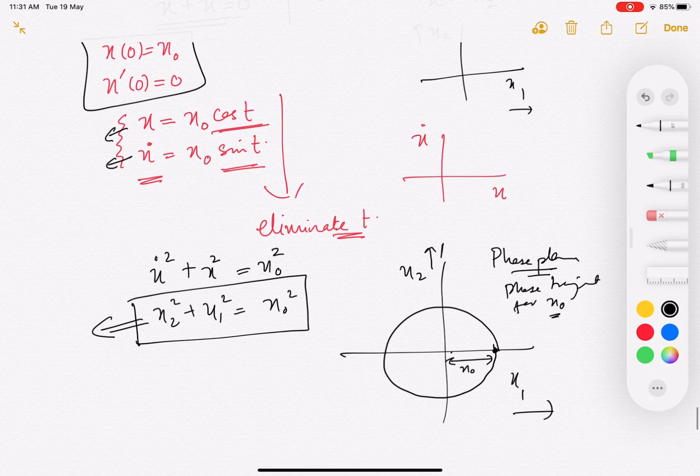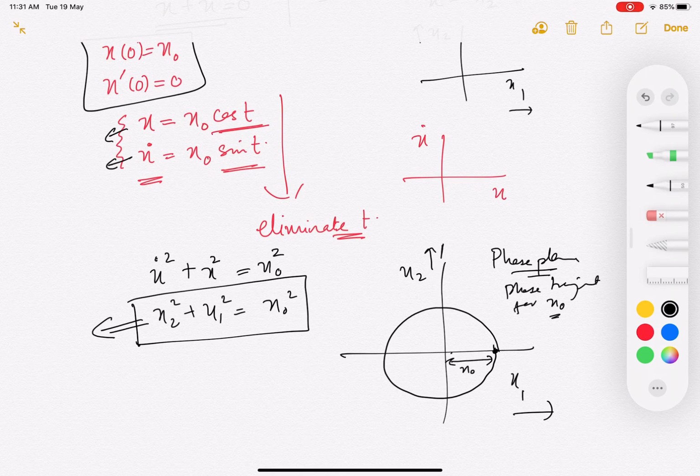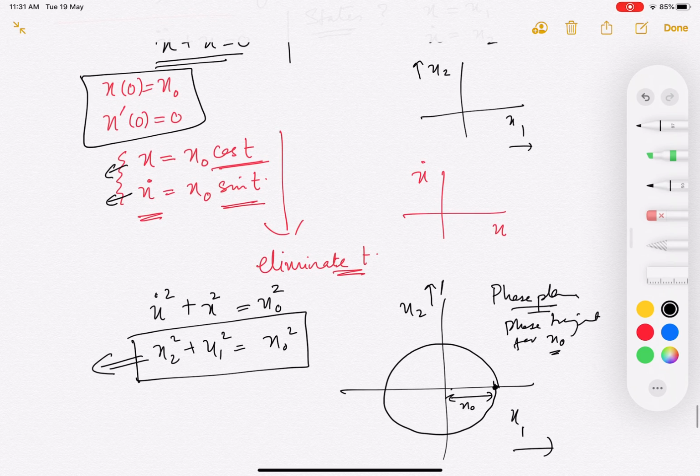But we know that if we start from this point, x0 cos t, as time proceeds, this displacement is going to reduce, right? So you start from a high value, cos t has initial value 1 when t is equal to 0, and when t becomes pi by 2, this displacement would be 0.